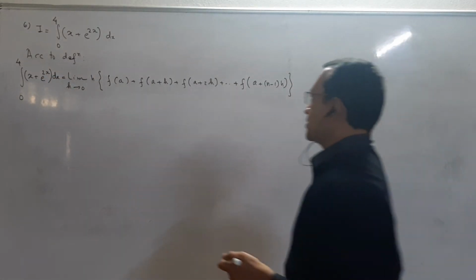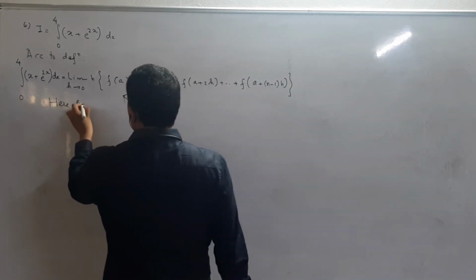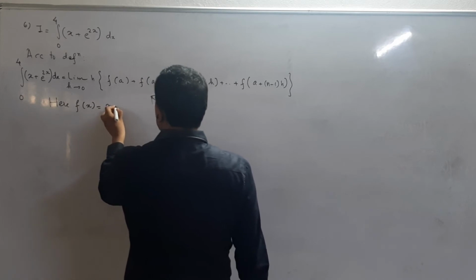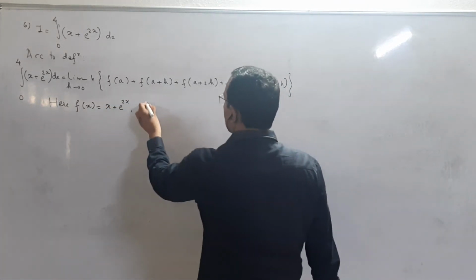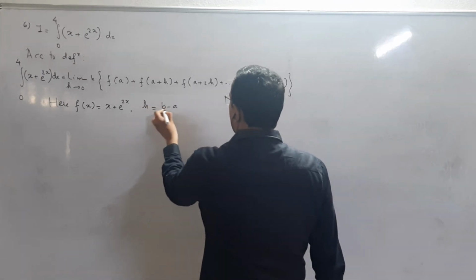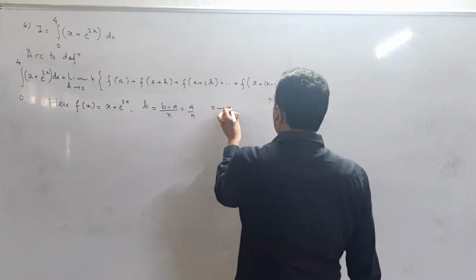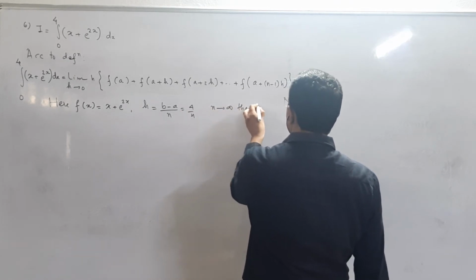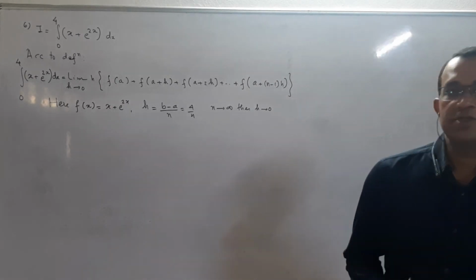So students, here f of x is equal to x plus e raised to twice x, h is equal to b minus a upon n, so 4 by n. As n tends to infinity, then h tends to 0.